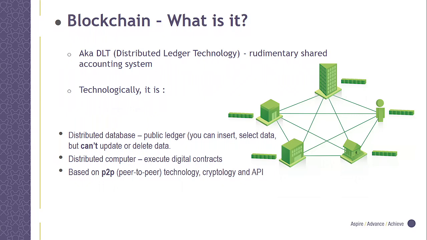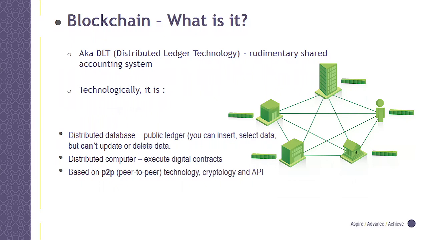So we can also look at blockchain as a technology that is implemented on top of a particular network architecture known as peer-to-peer. You need to understand maybe some of the advantages and disadvantages of a peer-to-peer network.